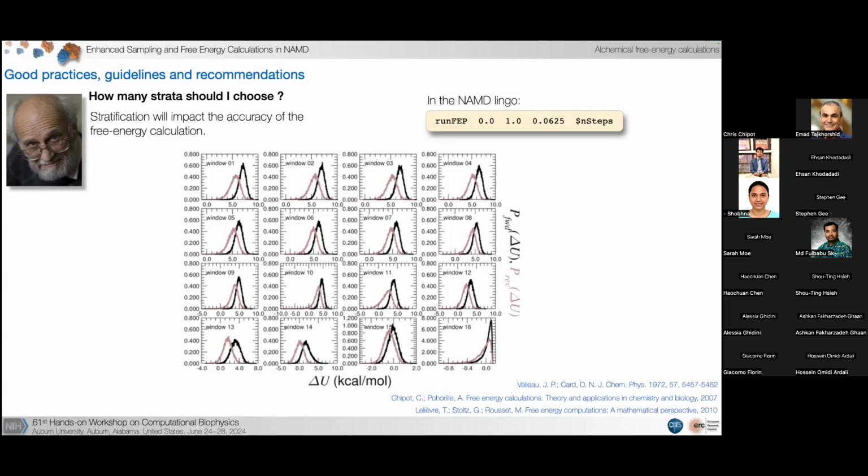So it's prone to singularities due to possible clashes with the solvent, even though we're using tricks to remove them. We remove that with something called soft core potentials, but still, the first windows are usually problematic. So that's why there is a little error here, but it's not so bad. 16 windows is actually quite acceptable.